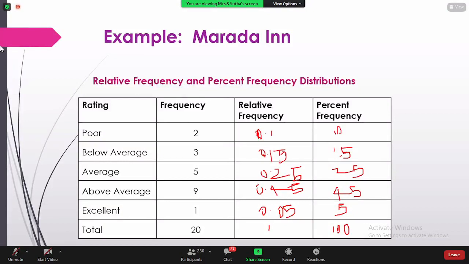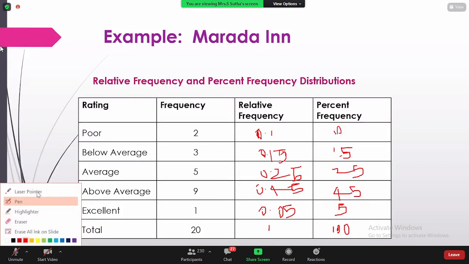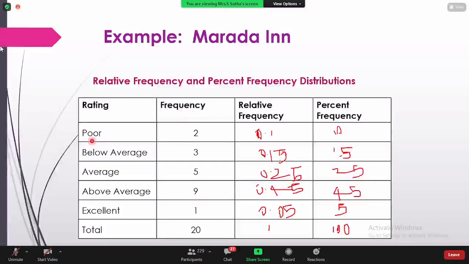One is the frequency distribution, which means the frequencies for the non-overlapping classes. A relative frequency distribution shows the relative frequencies for each non-overlapping class. A percent frequency distribution shows the percentage for each non-overlapping class.